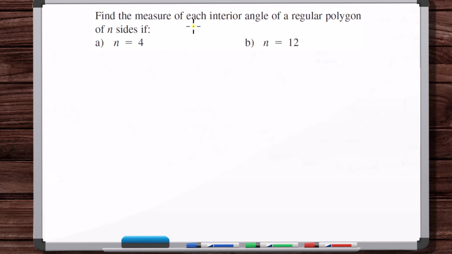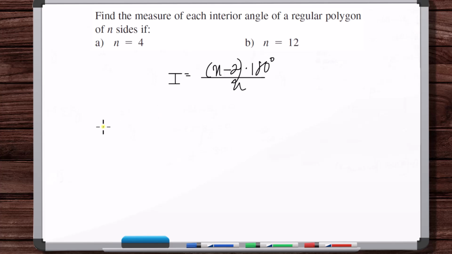Okay, find the measure of each interior angle of a regular polygon of n sides. So we know that since S is equal to n minus 2 times 180, if you have a regular polygon, all of the interior angles are the same measure. But we know the number of interior angles is equal to the number of sides. So to get the measure of each interior angle of a regular polygon, you just take this formula and divide it by n.